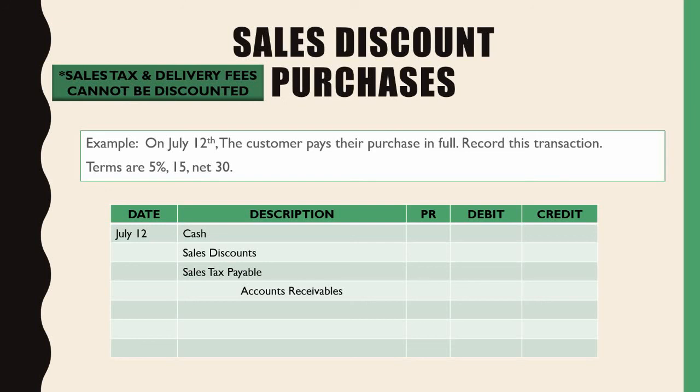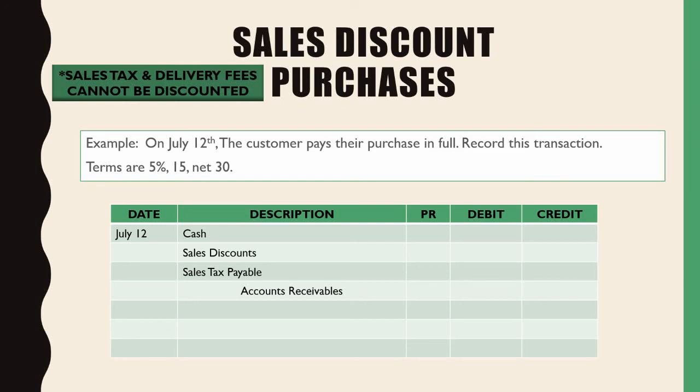In this case, you didn't take 5% off of the tax. That's what I mean by you can't discount tax. You're not taking that 5% and applying it to the tax, which was originally for $82.50.